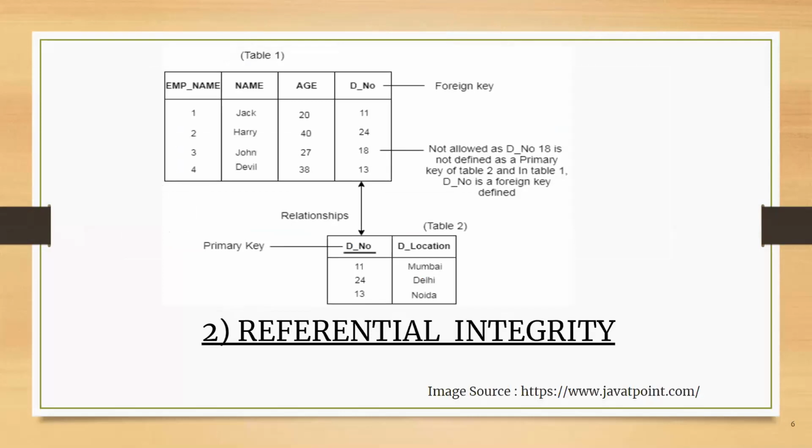Next, we have referential integrity. Whenever you come across the word referential, you should think that it refers to references, and references are nothing but the concept of a foreign key. The referential integrity constraint is specified between two or more tables, depending on how many tables you have.